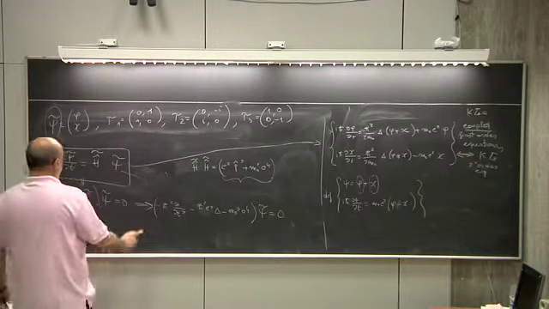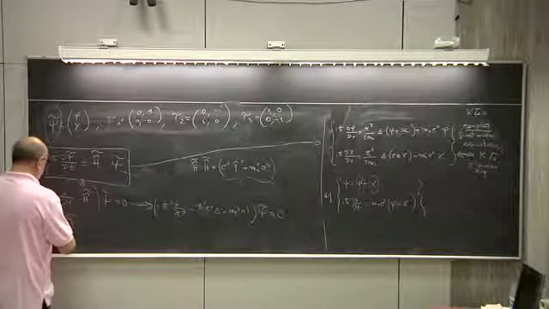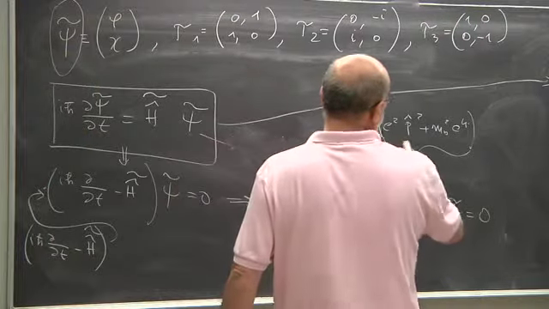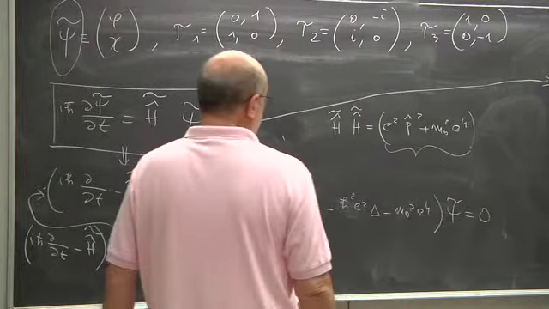You see that there are no Pauli matrices anymore, because I have applied these on these, and I have used the fact that this object is basically the Klein-Gordon operator.